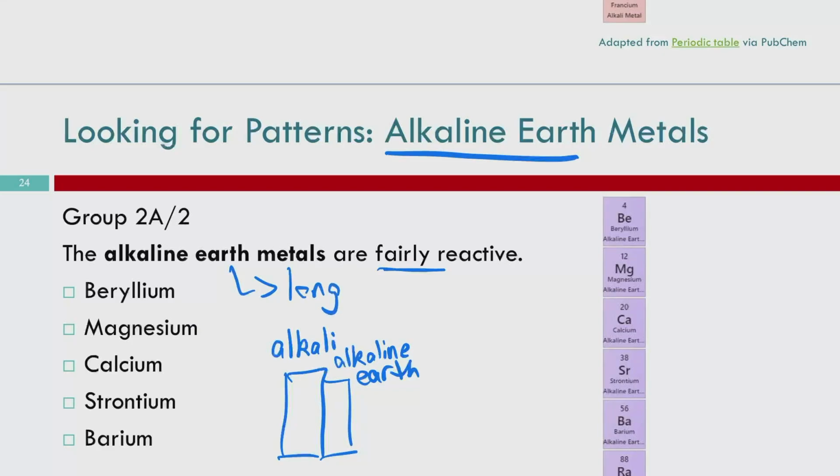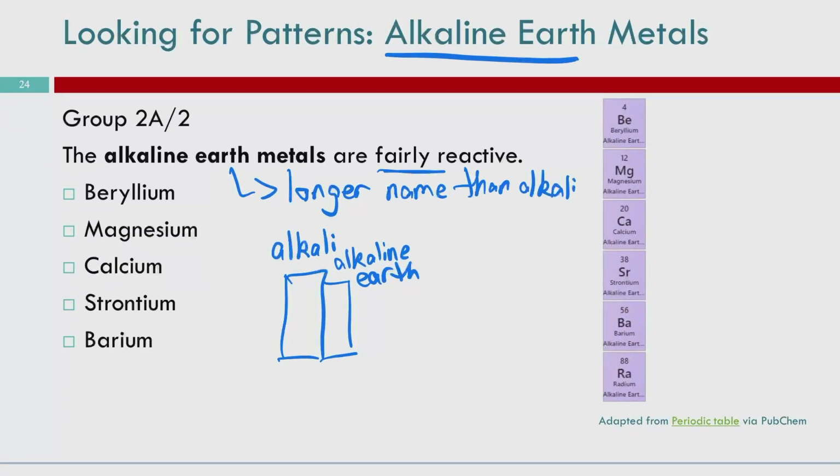So they're a longer name than alkali. And these include a bunch of things like beryllium and magnesium and calcium and so on and so forth. And these are less reactive than our alkali metals.